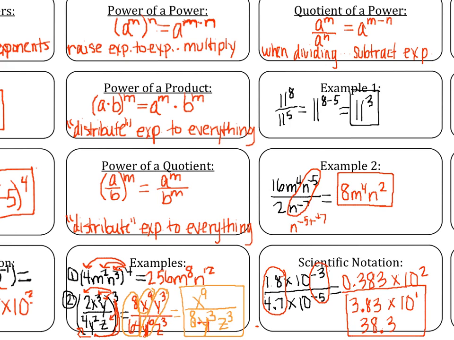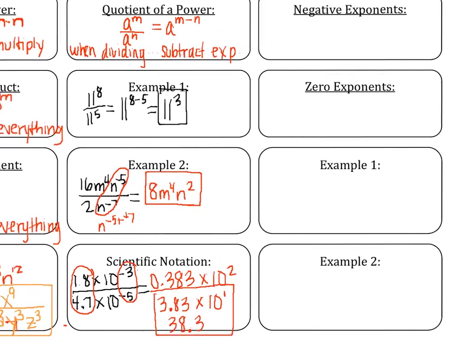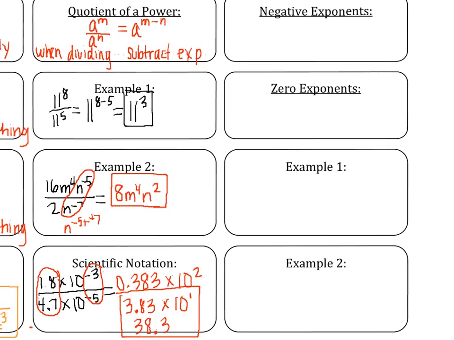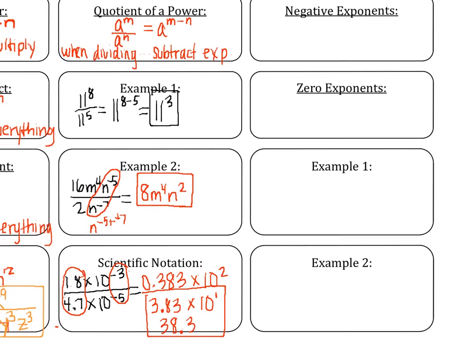All right, I'm going to move my frame over a little bit again here. Now let's talk a little bit more about our negative exponents. Our rule for negative exponents tells us if I have a number to a negative exponent, I'm going to make that 1 over that same number to the positive exponent. What I really do is switch the side of the fraction.